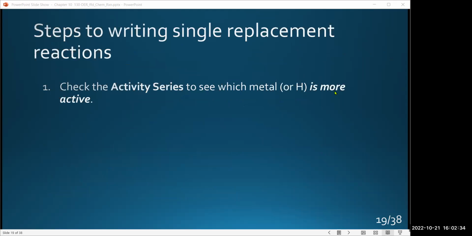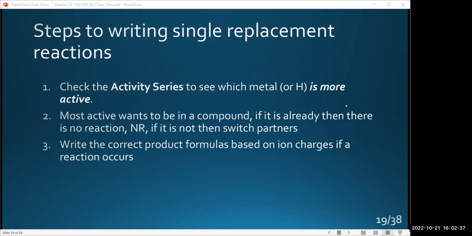All right, so with that in mind, if the most reactive metal is already in ionic form or in the compound, then there's no reaction. It is only when the most reactive metal is not in an ionic compound that you get a reaction, and you essentially just switch partners.